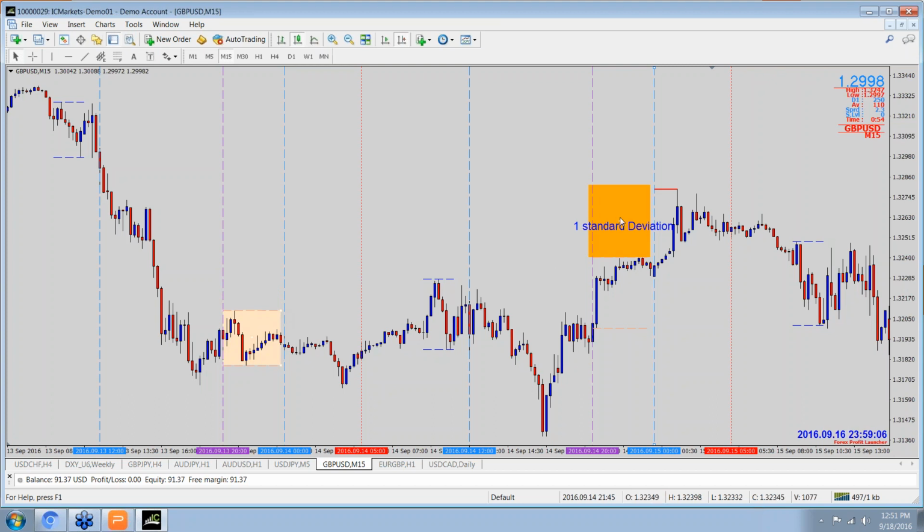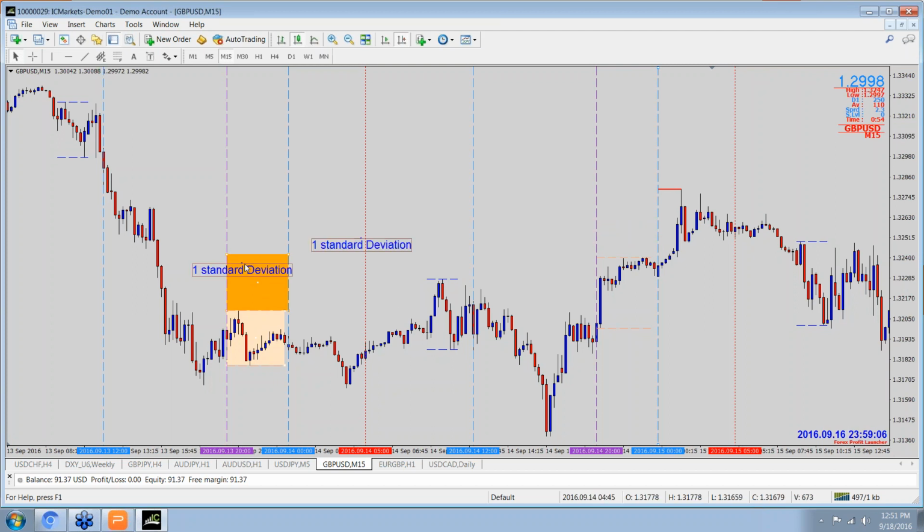All right, so there's 1, 2, bring this down. 1 standard deviation. All right, then we draw this across in time. We've got half a standard deviation. So not that much, but still we're into the standard deviation zone, which is obviously a good zone to understand where market structure is going to be manipulated.